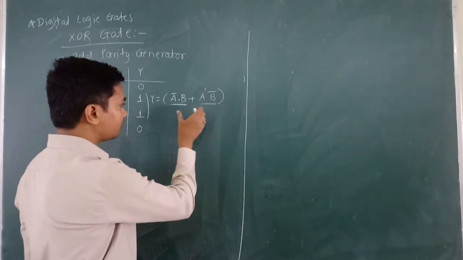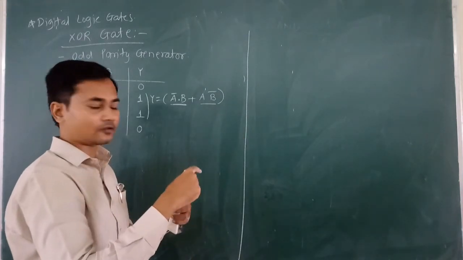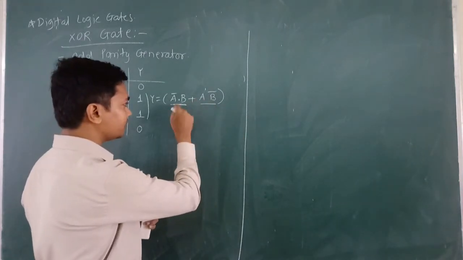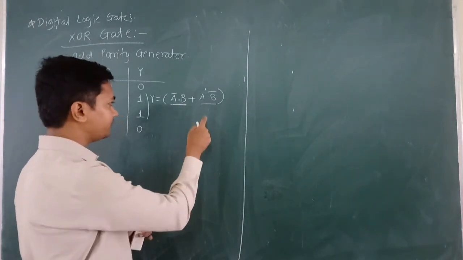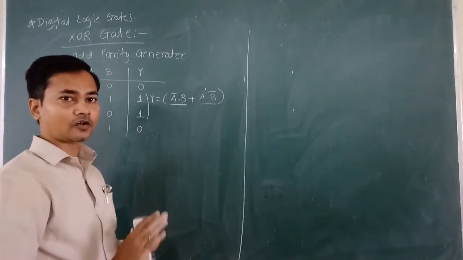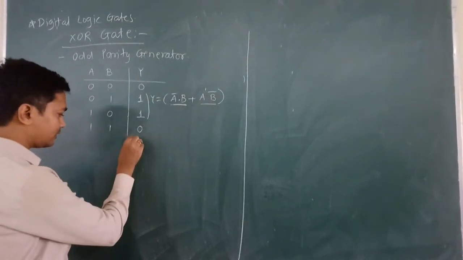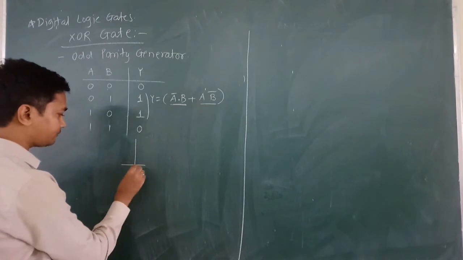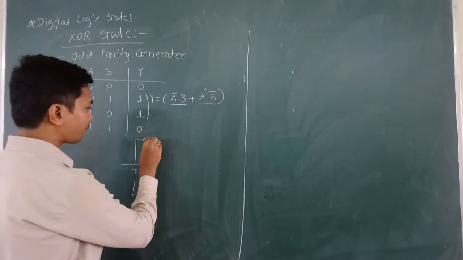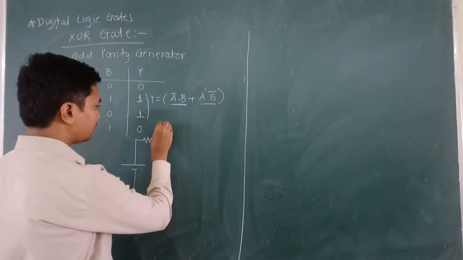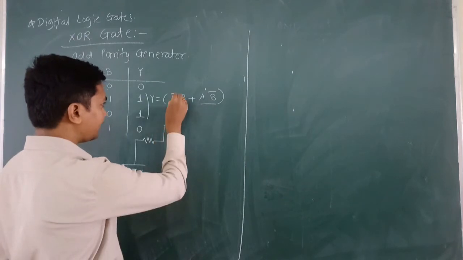Here we have to take the ORing of these two combinations, which will form the exact XOR operation. Now let us draw the circuit diagram. A bar B. A bar means what?